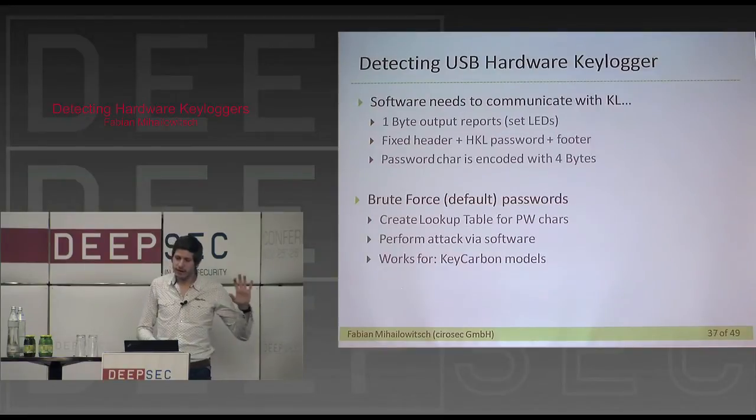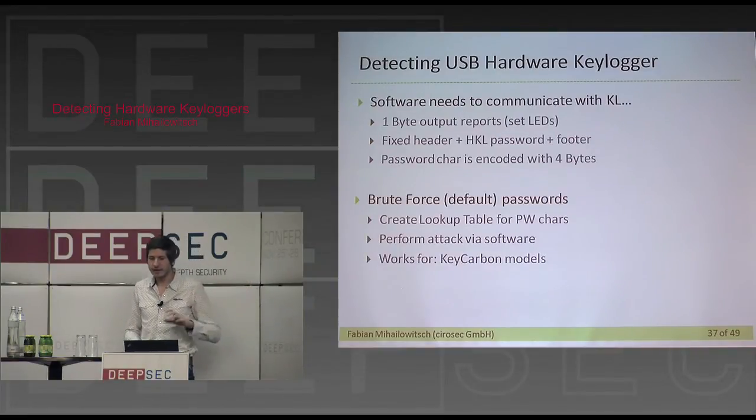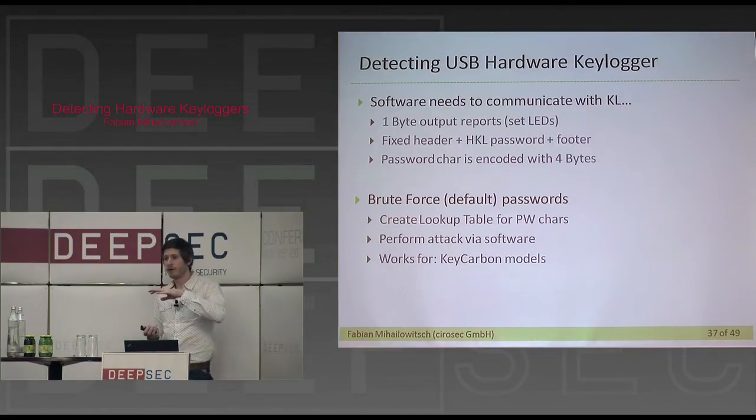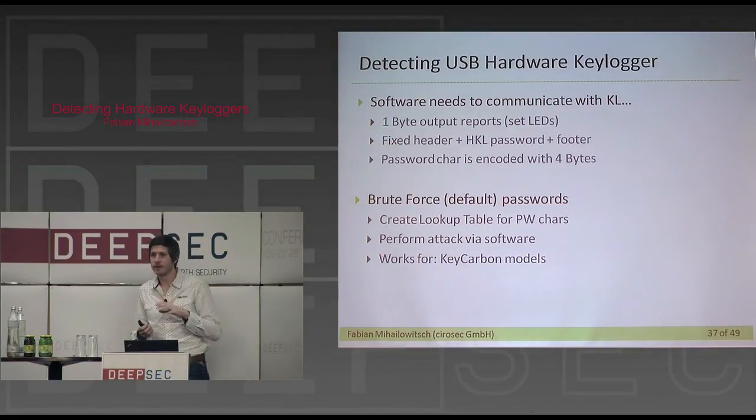If you look deeper into it and analyze the output reports used, you can determine there's a fixed header. Here we are. There's a fixed header. Then we have the password of the hardware keylogger that is sent. And then we have a footer. For the password sent in that communication, every password char is encoded within 4 control transfers, which means 4 bytes that are transferred.